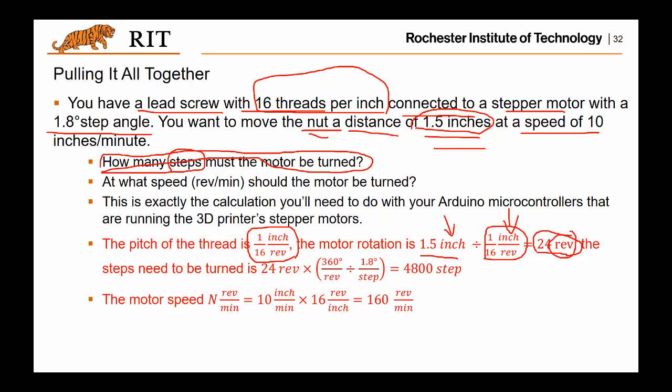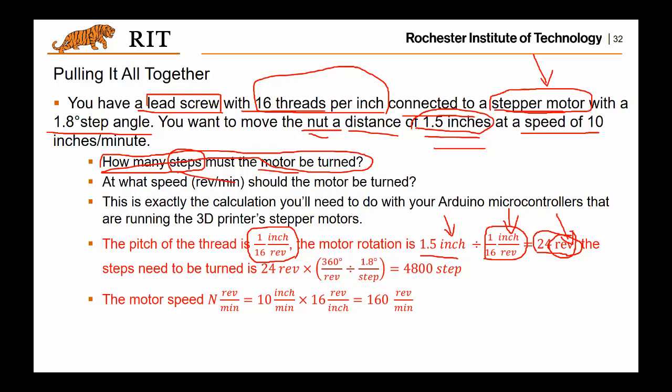This 24 is the revolution of the screw, and because this screw is directly connected to a stepper motor, if it requires the screw to rotate 24 revolutions, that means the stepper motor also needs to rotate 24 revolutions. So by knowing this, you can come up with the steps the motor will turn.